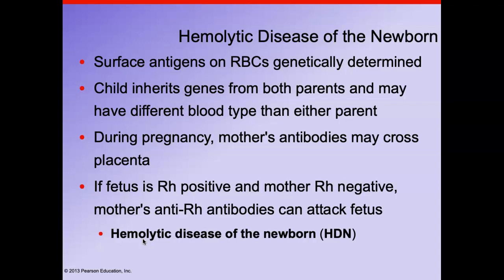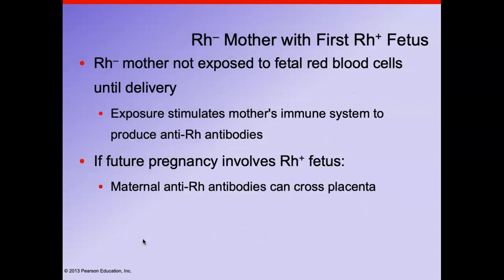So this Rh factor is important for women who are Rh negative. Now, it's not important for the first baby, but for the second baby and third baby and so on. An Rh negative mother will not develop antibodies until she's exposed to Rh positive blood.